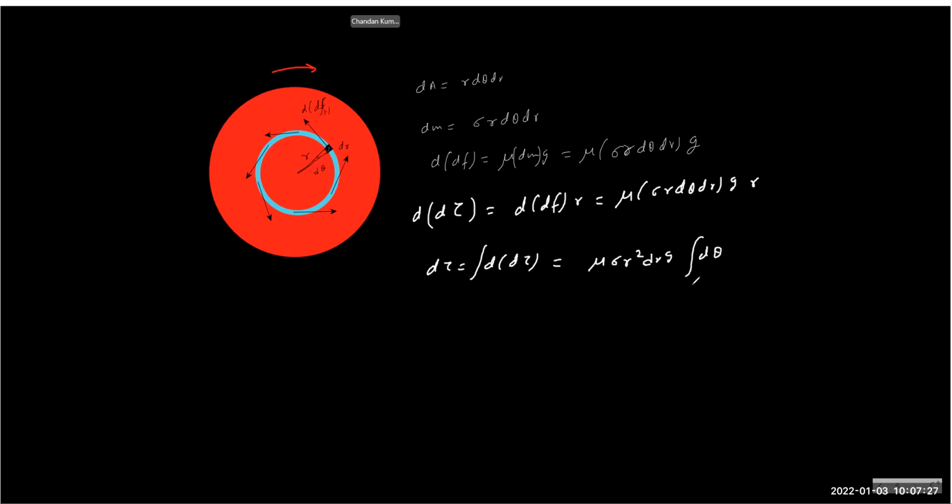The theta goes from 0 to 2 pi, so the first integration gives d tau, which is 2 pi sigma mu g r square. Now we integrate for the r part, from 0 to capital R, to get the net. This is the actual way of doing it, but you can do the way I did earlier. So that's easy.